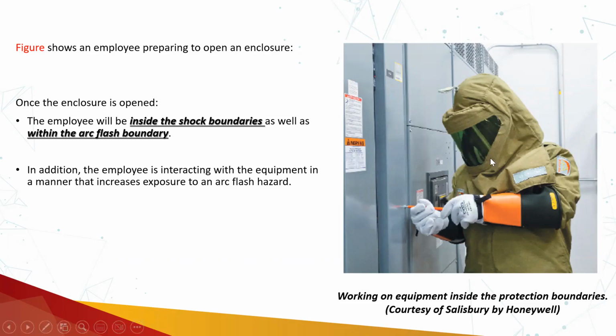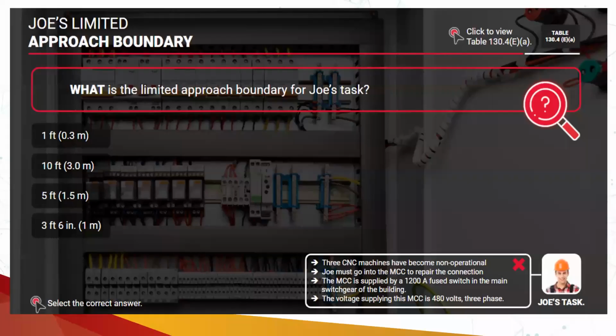That's why this person is wearing the complete personal protective equipment. The label indicates the shock protection hazard and the arc flash hazard, and recommends the PPE he is wearing, and he is trying to open the panel.